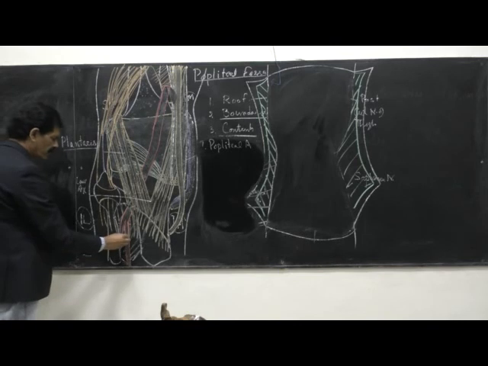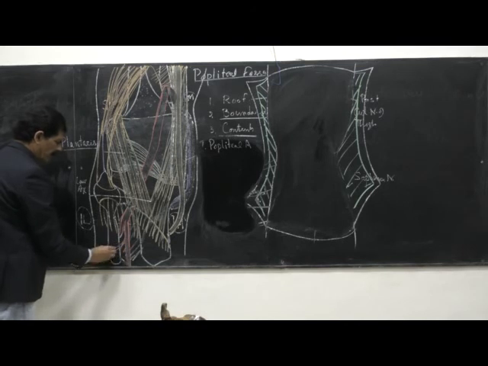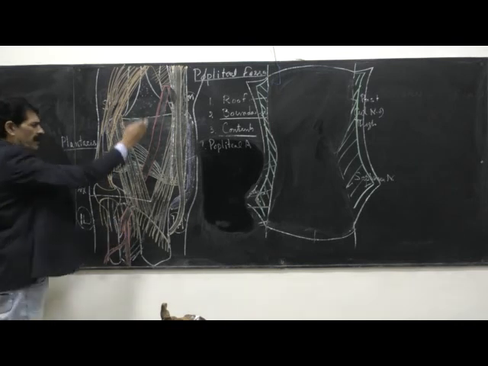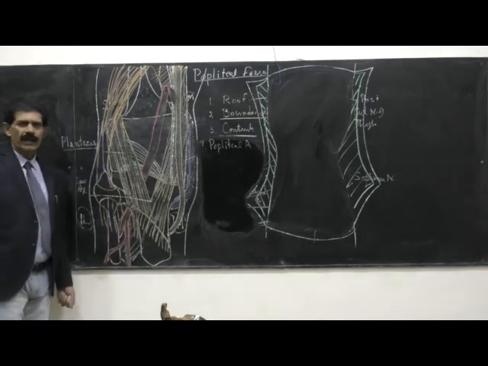Sometimes a branch from the posterior tibial artery goes to the lateral compartment also. This is the popliteal artery. So this is how the obliquely running popliteal artery is there.